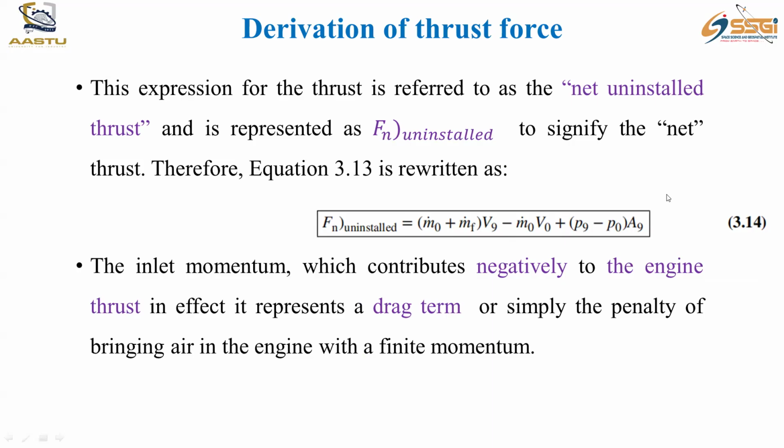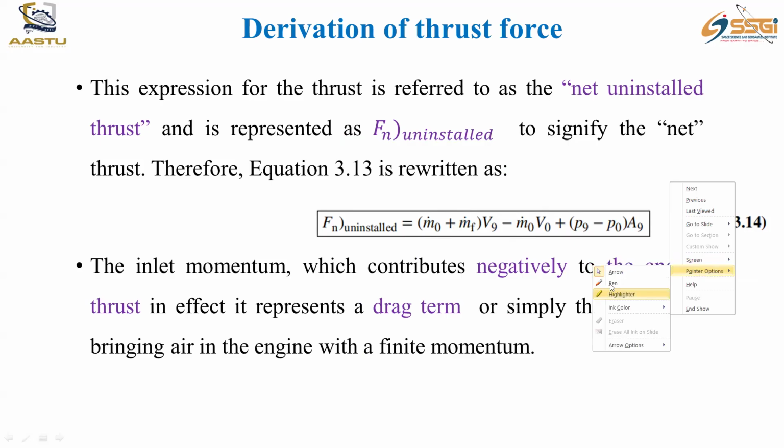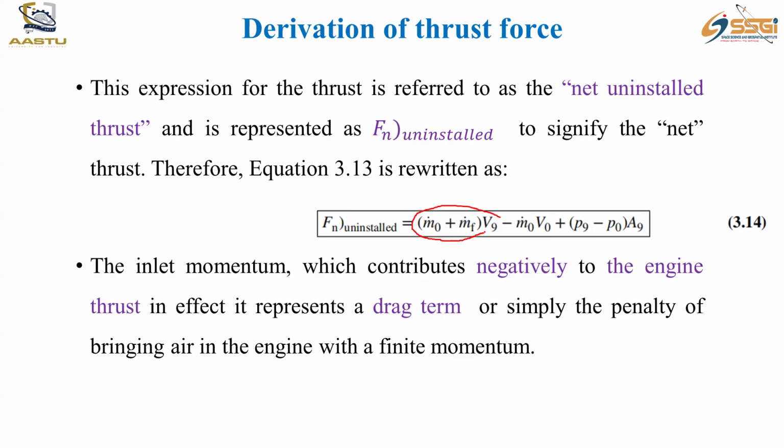Here, three different terms are there. This is the momentum term, it is positive. This is the drag term, it is negative. This is the pressure term. The pressure term can be either negative or positive depending on the values of P9 and P0.